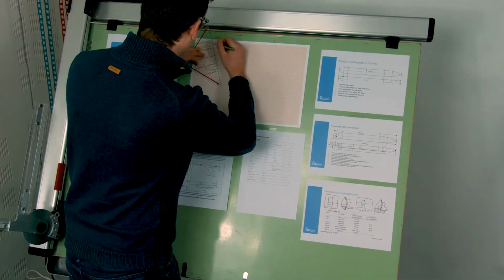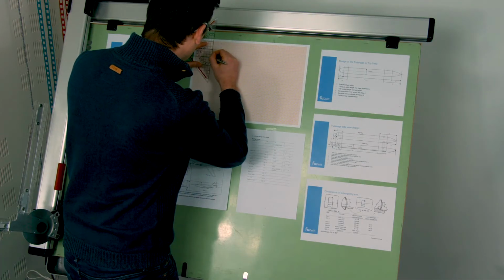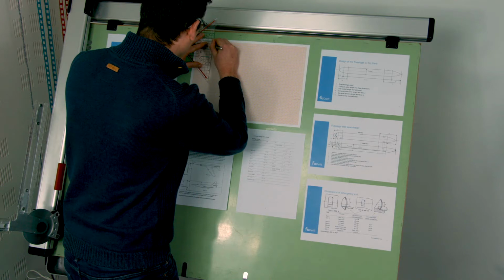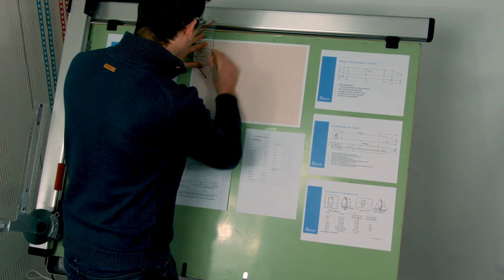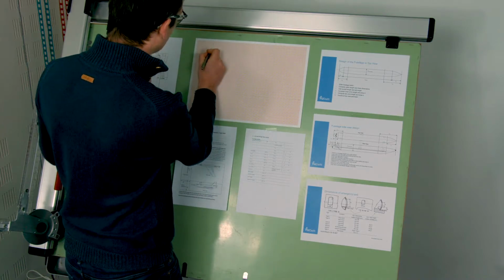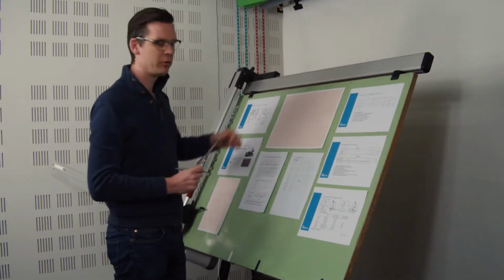So my center line, which I indicate with a dashed dotted line, is going to be over here, and over here. So that will function as a reference point. So the center point here will be the center point of my circular fuselage.